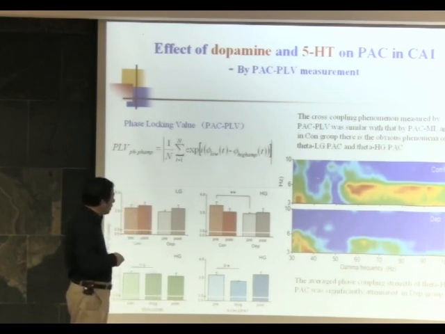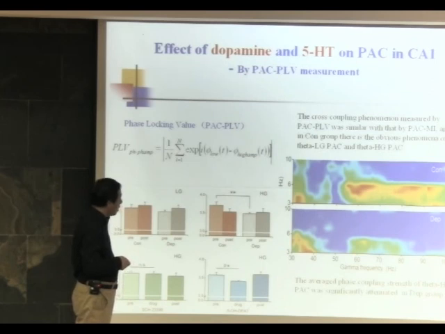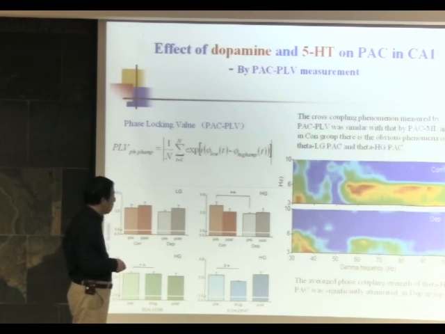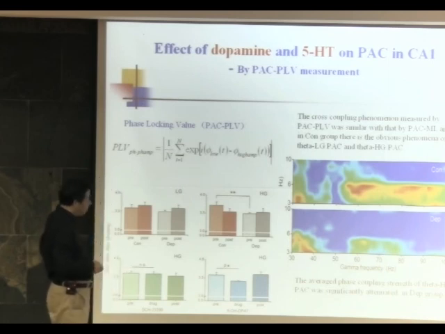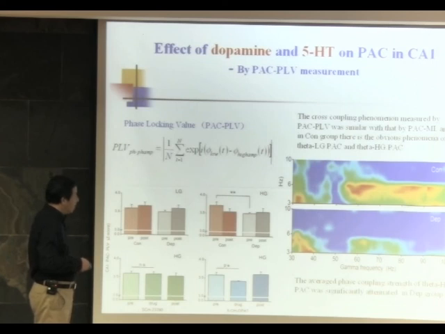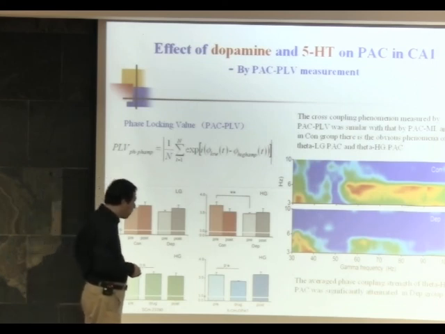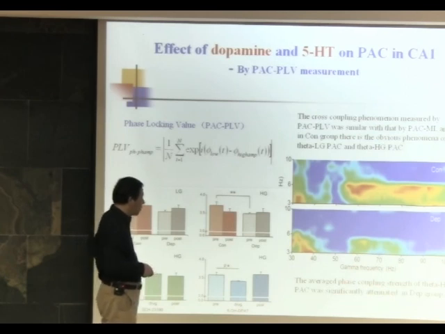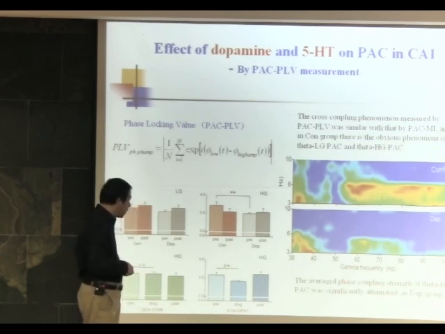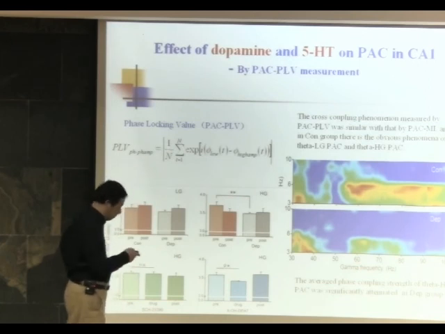In the control group, we can see an obvious coupling strength, but in the depression state it almost disappeared. So the average phase coupling strength of theta and high gamma PAC was significantly attenuated in the depression group.